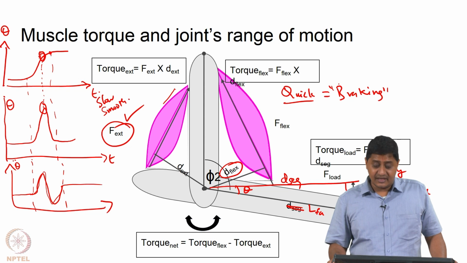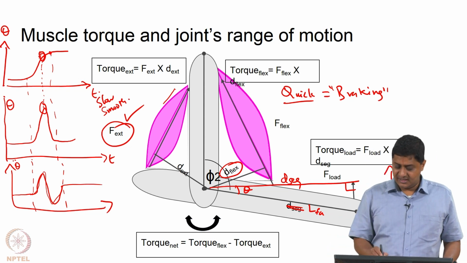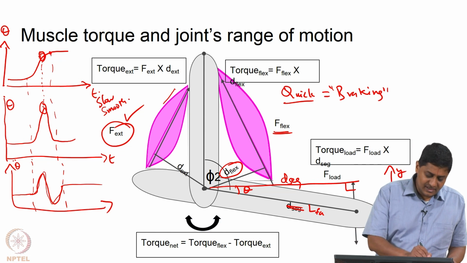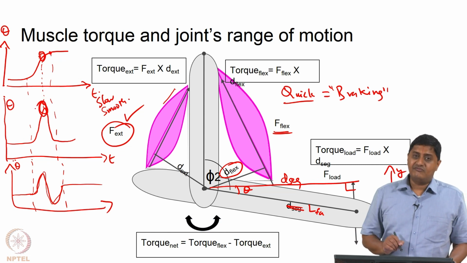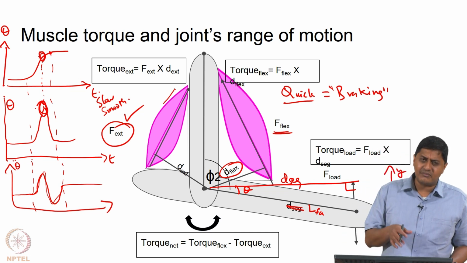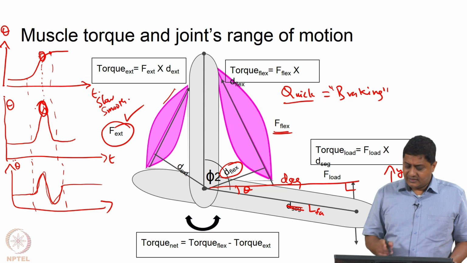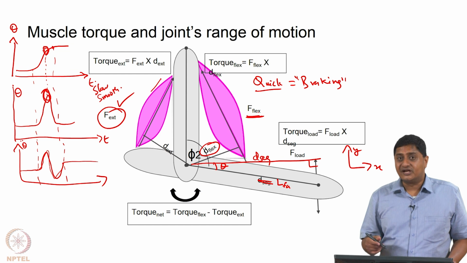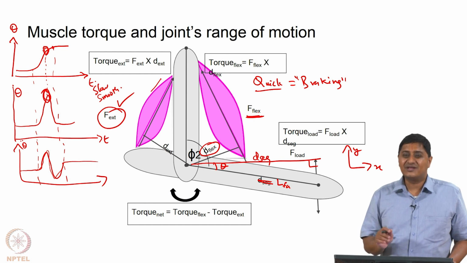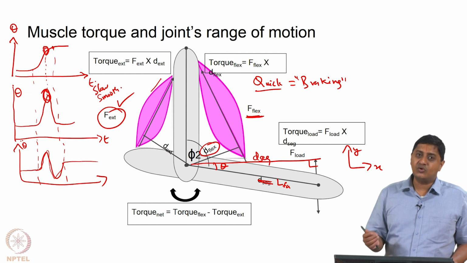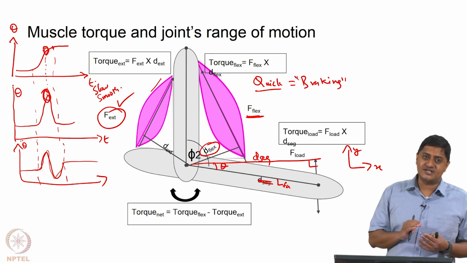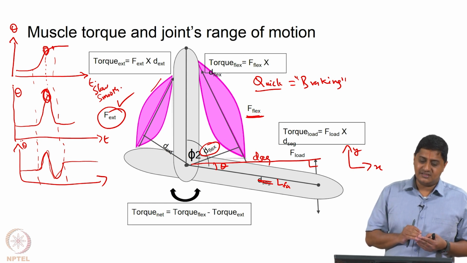Now that is achieved in this case by the combined action of two muscles. At around the time when the velocity peak is reached, or sometime before or after, the antagonist, which in this case is the flexor muscle, starts getting activated and starts applying a brake. So, there is co-activation of the antagonist for a brief amount of time during the movement, that essentially reduces the effect that the agonist has.